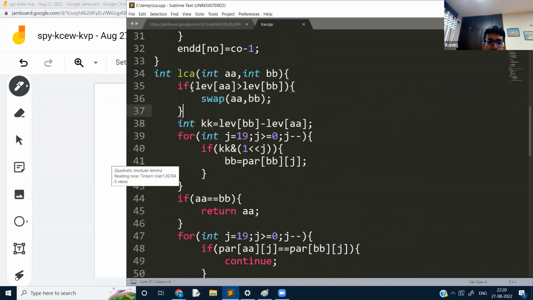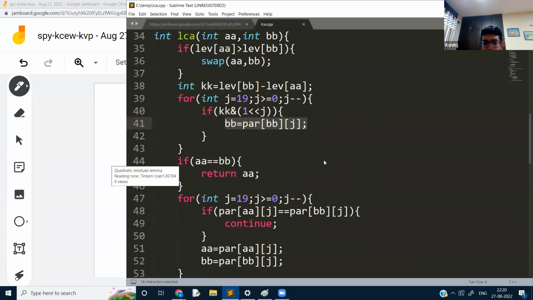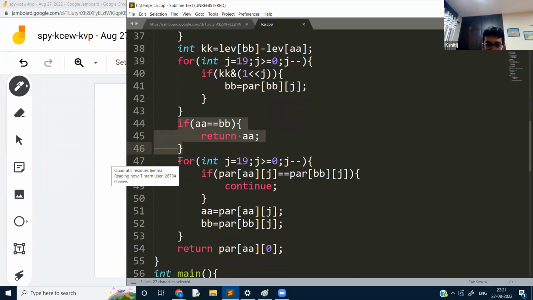And now to calculate the LCA, we take the depth. We first make sure that the depth of A is at most the depth of B, so B is at least as deep as A. We find the difference. We find that parent. And now the two nodes are at the same depth, which is what I discussed earlier. If they are the same, which means this is the answer, we exit.